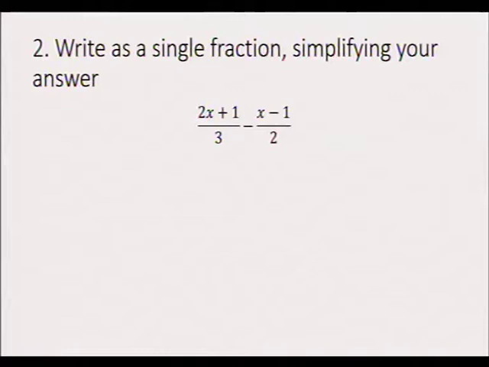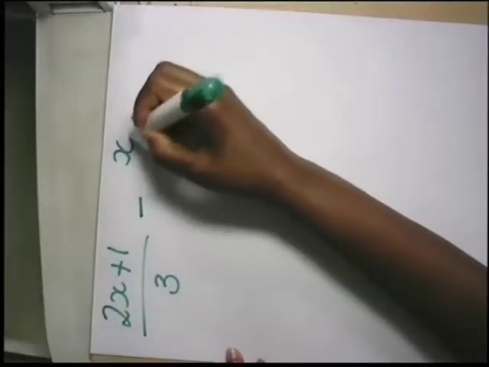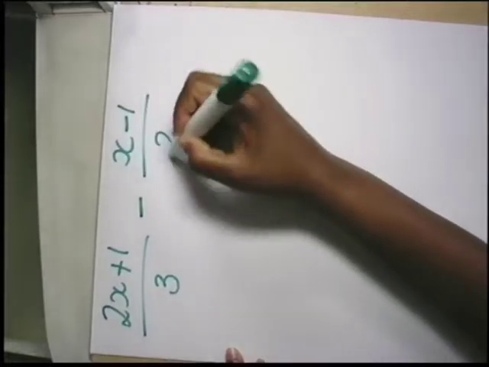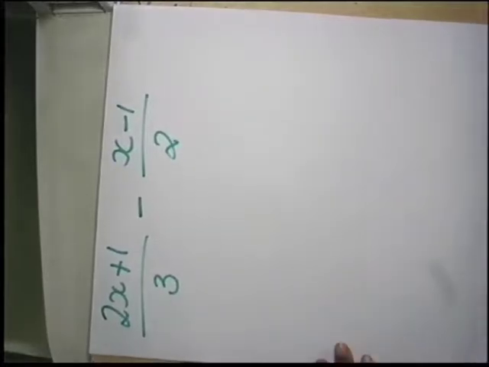So we have 2x plus 1 over 3 minus x minus 1 over 2. That is what you have. So how are you going to do this?